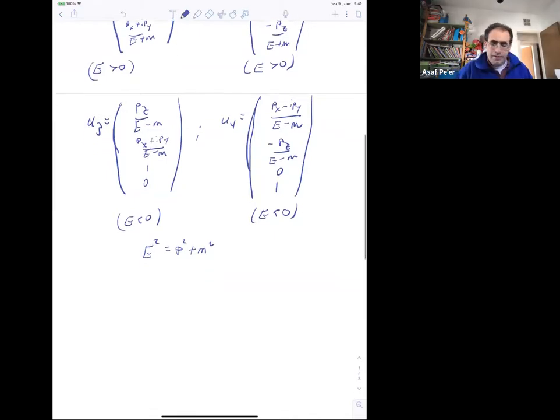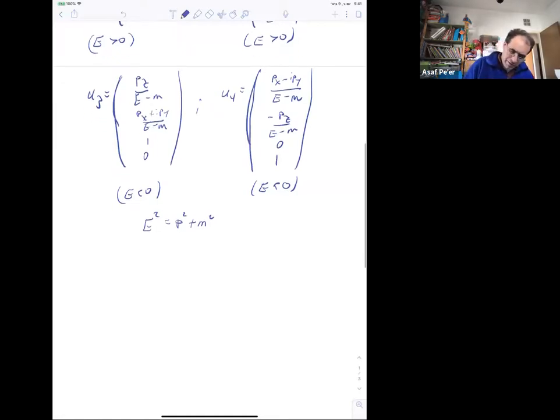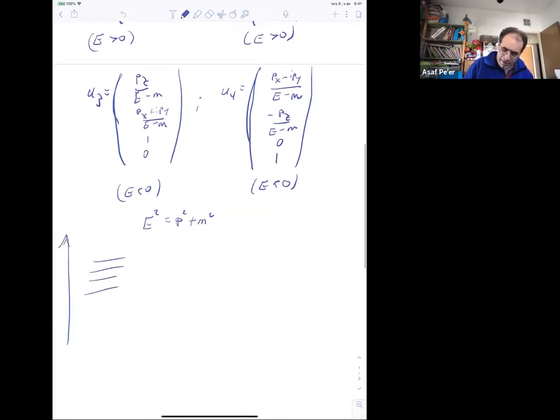So the negative energy solutions represent negative energy particle states. That led Dirac originally to think of it in those simple terms. So we have energy levels. This is E. This is what's called Dirac's interpretation.